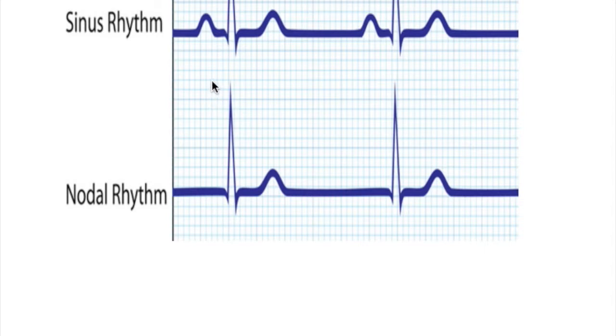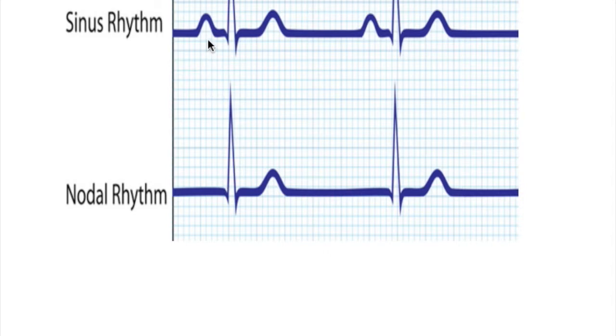Because when the SA node is knocked down, the AV node takes over charge and gives the QRS complex. That is known as nodal rhythm or junctional rhythm.